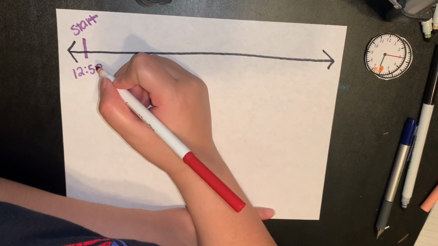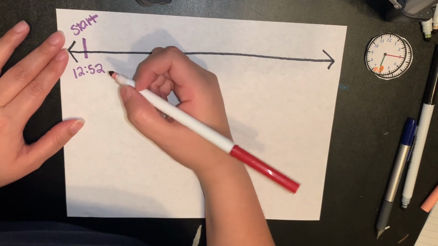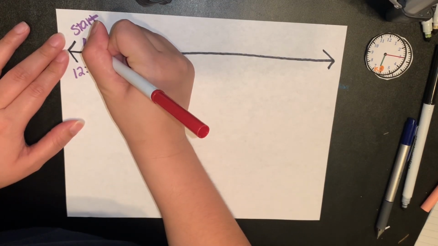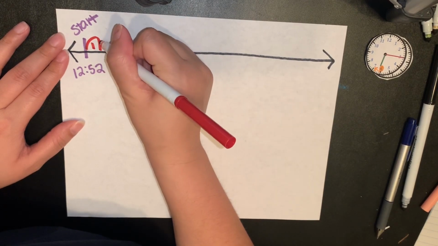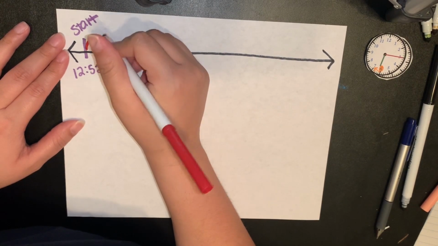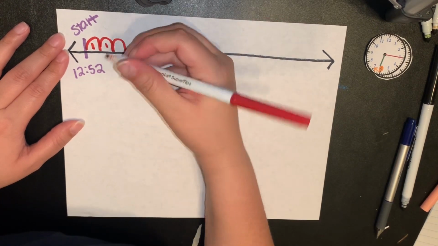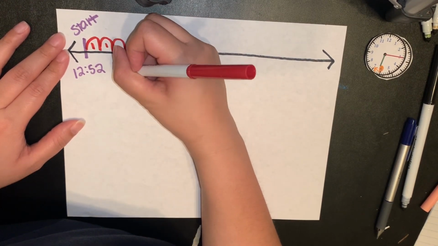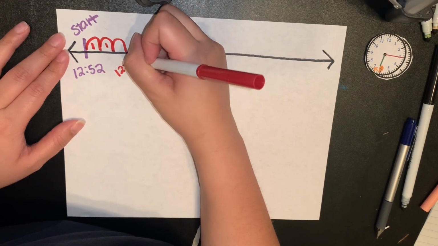So from 12:52, we can get to 12:55. 1 minute, 2 minutes, 3 minutes. That will get me to 12:55.